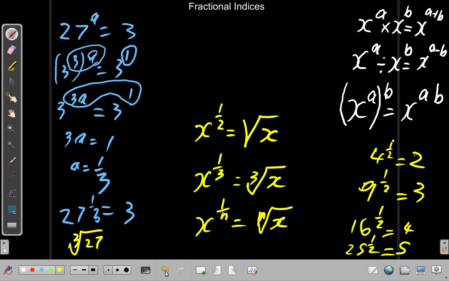Let me rewrite that part a bit better. I need to make an adjustment so that the hook here is a bit wider for the n. Alright, so x raised to the 1 over n is the same as the nth root of x.